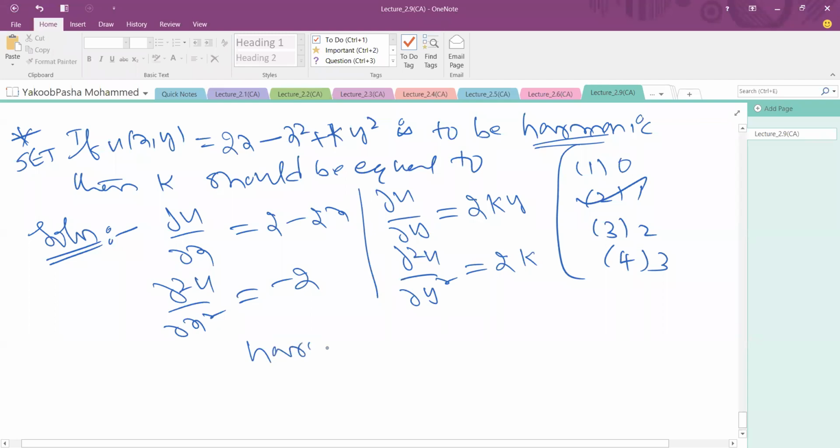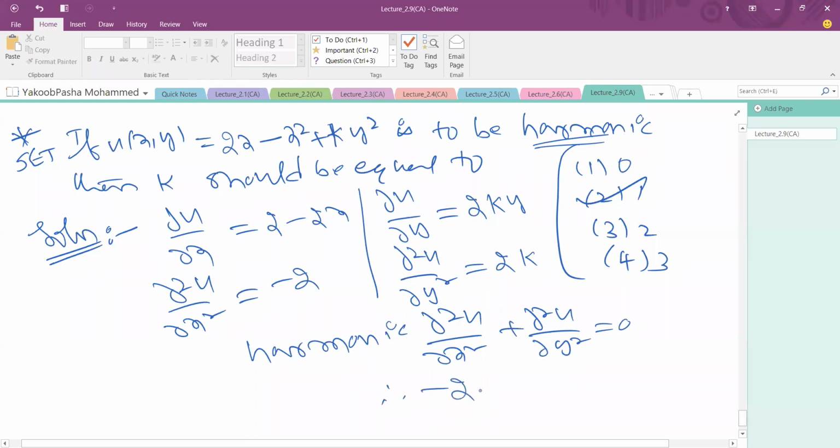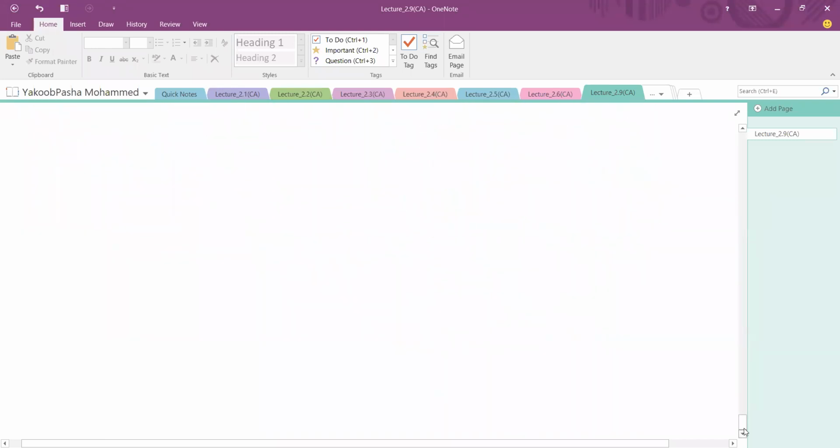Harmonic means dou square u by dou x square plus dou square u by dou y square is equal to 0. That means dou square u by dou x square is minus 2, dou square u by dou y square is plus 2k is equal to 0. That means 2k is equal to 2, means k is equal to 1. Second option is the right option. Okay, కొంచెం రిలాక్స్ అయిపోతుంది సార్, ఇక్కడ ప్రాబ్లమ్స్ చాలా వస్తాయి.